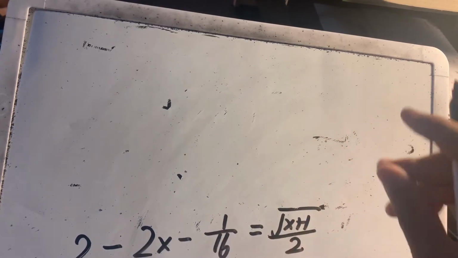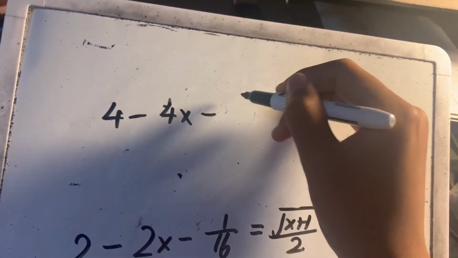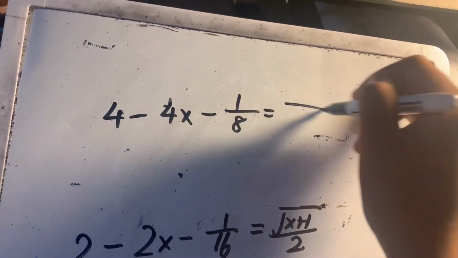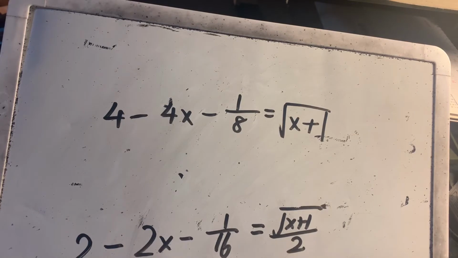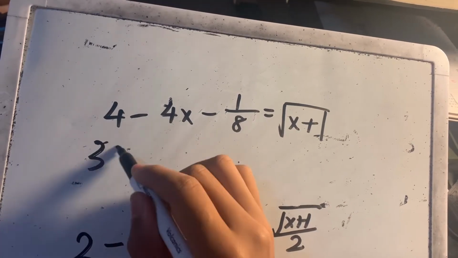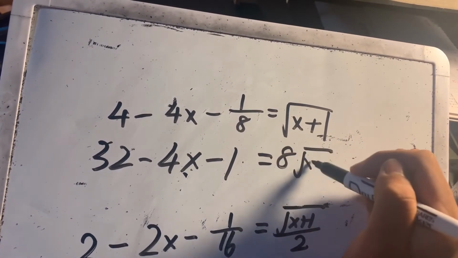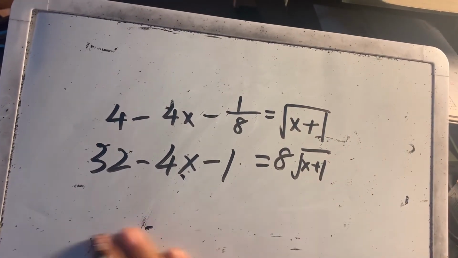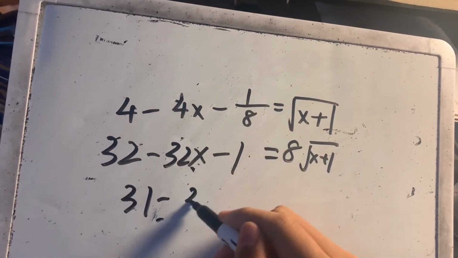Then we times both sides by 2, which is we get this. And we times it by 8. And we get an answer as this.